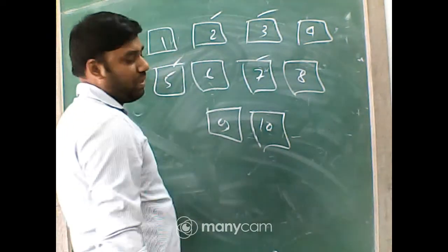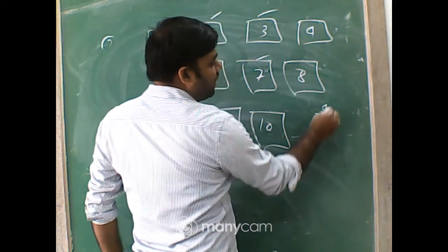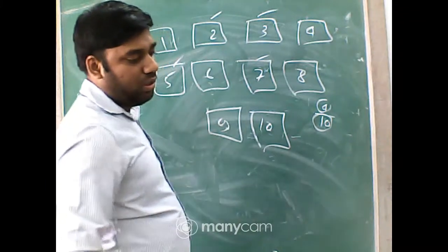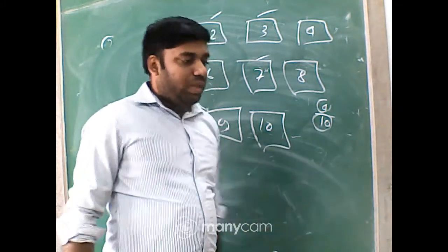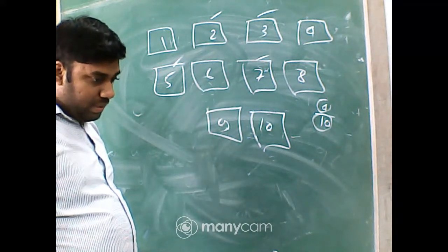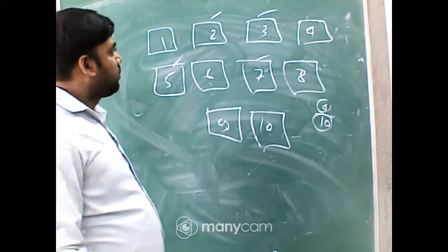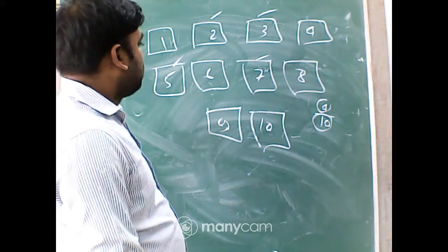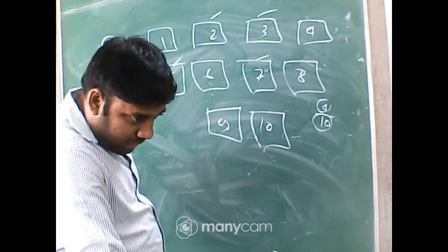So how many prime numbers are there? 4. So the correct probability is 4 by 10. 10 is possible cases, 4 cards are there which are prime. Now getting a composite number.